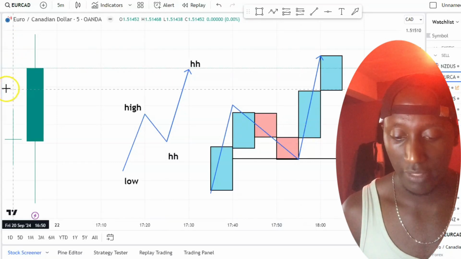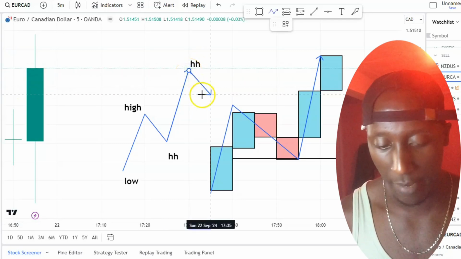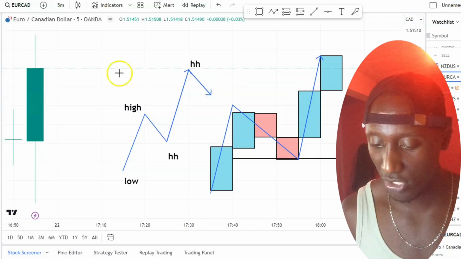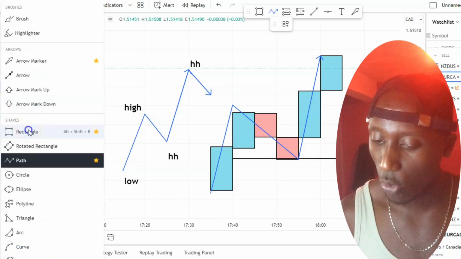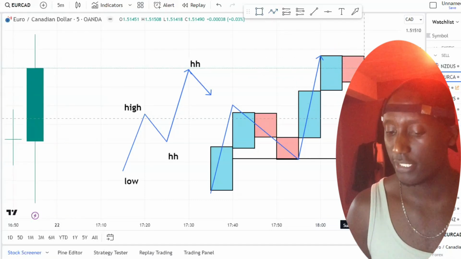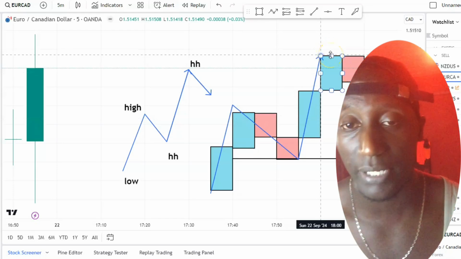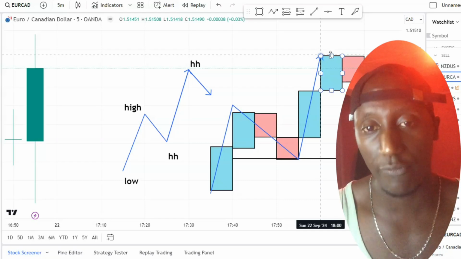Now, again, the only time this becomes a higher high is when we have a bearish candle. So this is not a high yet. The only time it will become a high is when we have a bearish candle. Now we know that this was the highest point price reached in that period. Then we saw a reversal.